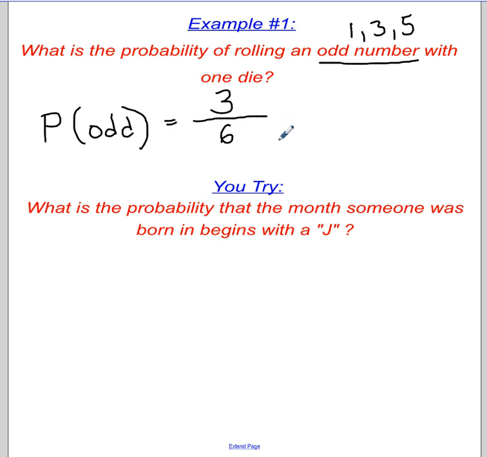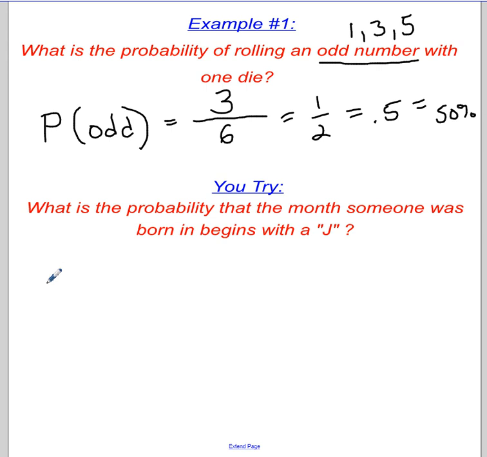So the probability of rolling an odd number with 1 die is 3 out of 6. Now, if you do give your answer as a fraction, you're always going to reduce that, right? So you could say the probability of rolling an odd number is 1/2. Like I said, you can also make that a decimal, or you can make it a percentage, okay?